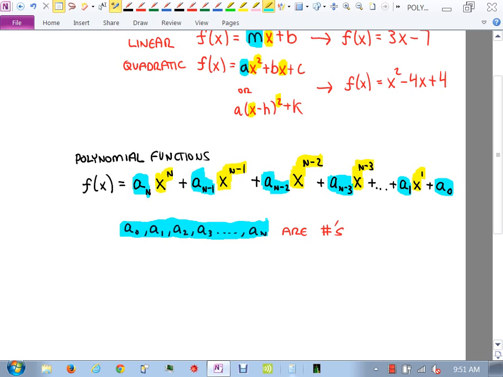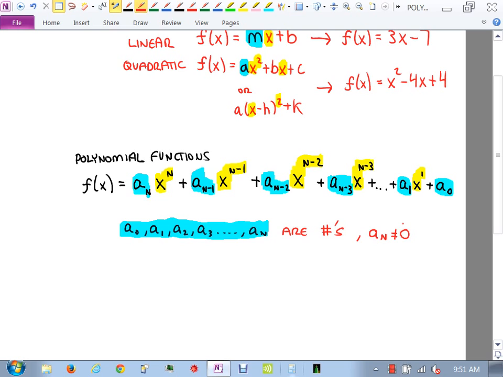And then I have one condition here on those numbers. A sub n cannot be 0. A sub n, isn't that the one right in the very front over there? That can't be 0. If it's 0, then that term's not there, right? So we want to make sure that first term is there.